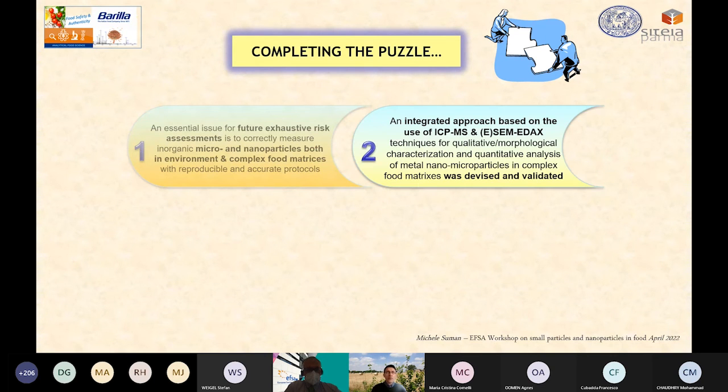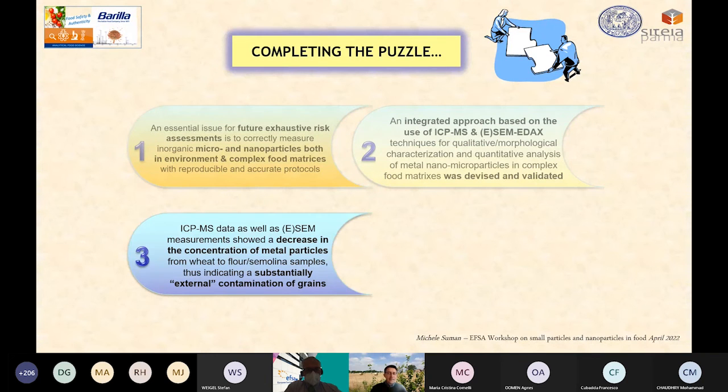And in this sense, we think that combining ICP-MS and electron scanning microscopy EDAX information together could give combined final outcomes in terms of characterization and quantitative analysis of these inorganic particles in complex food matrices and chain.